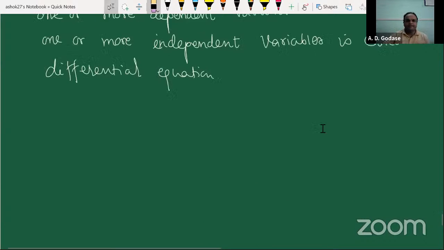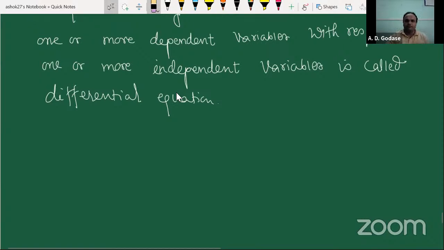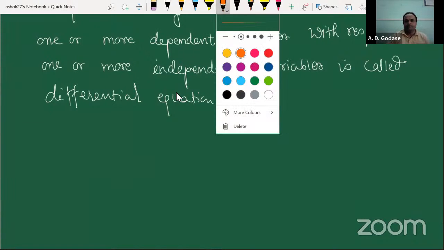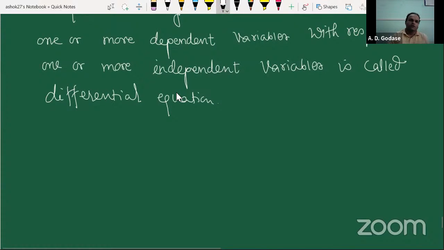Next, what are the examples of differential equation?